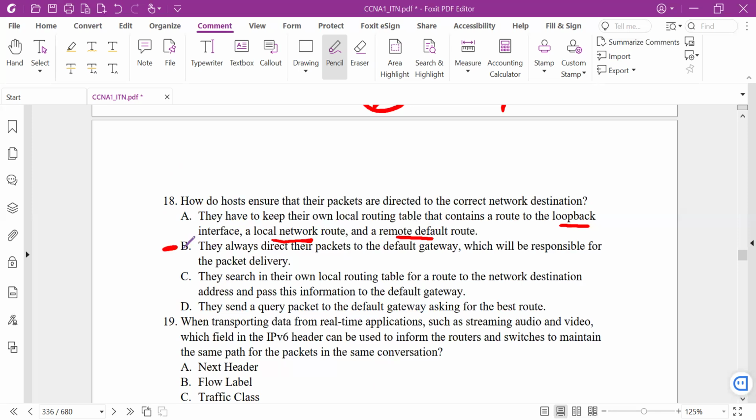Another option: they search in their own local routing table for a route to the network destination address and pass this information to the default gateway. Then lastly, they send a query packet to the default gateway asking for the best route. This never happens. There is no query packet that is sent from the host to the default gateway.